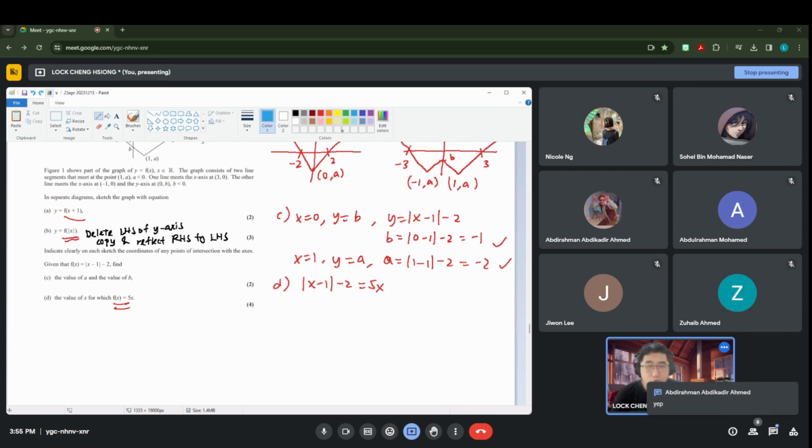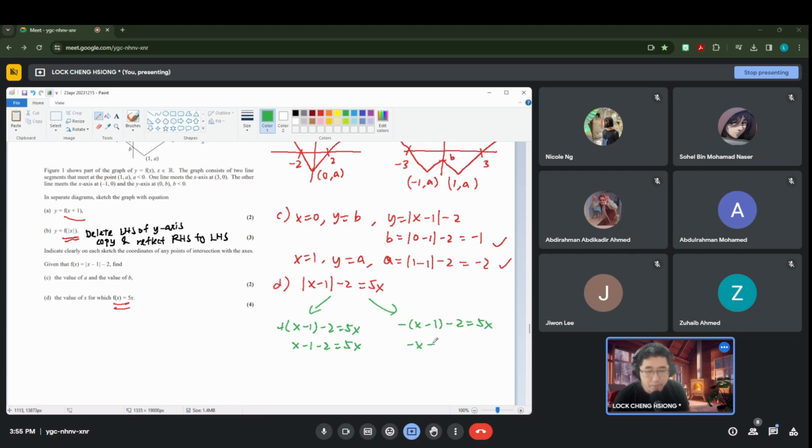Okay, so with this, we split into two parts. The one with the positive, the one with the negative. Open it up.